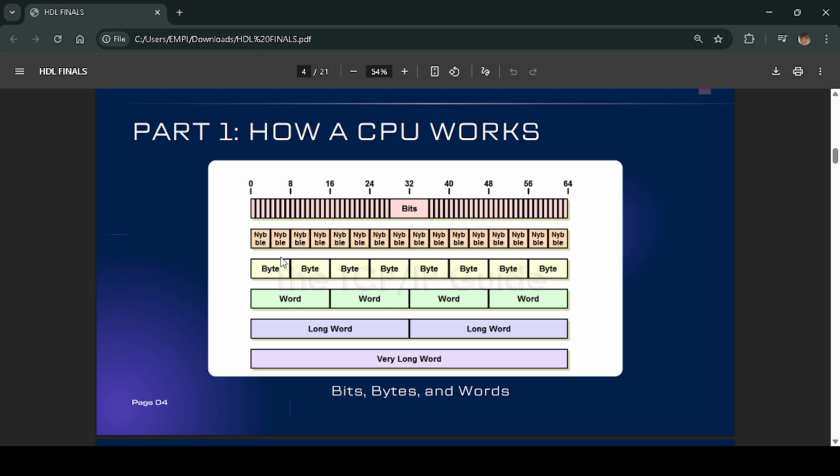For example, we have 8 bits to form a byte, and it is capable of representing 256 unique states, enough for all English letters, digits, and symbols. When a CPU processes data, it does so in chunks called words. And the word size is core to a CPU's architecture.